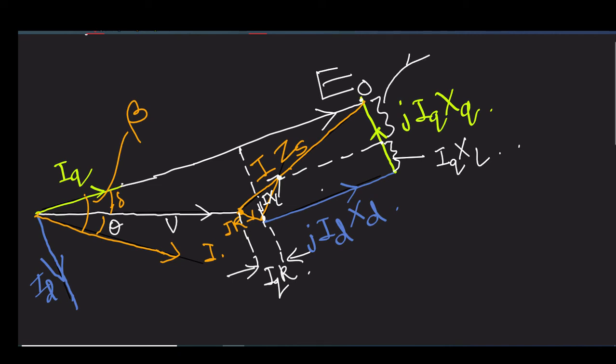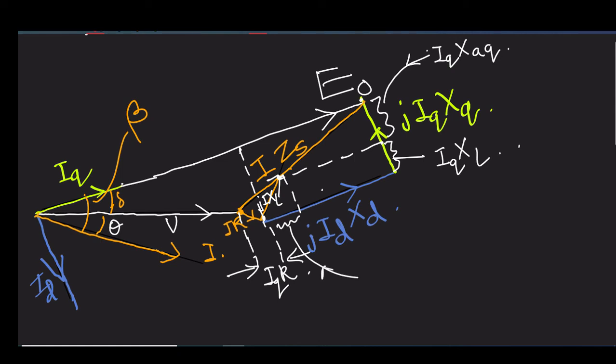This part is your IQ X AQ, correct? And here, if we draw further a perpendicular on this ID XT line, this part is what?